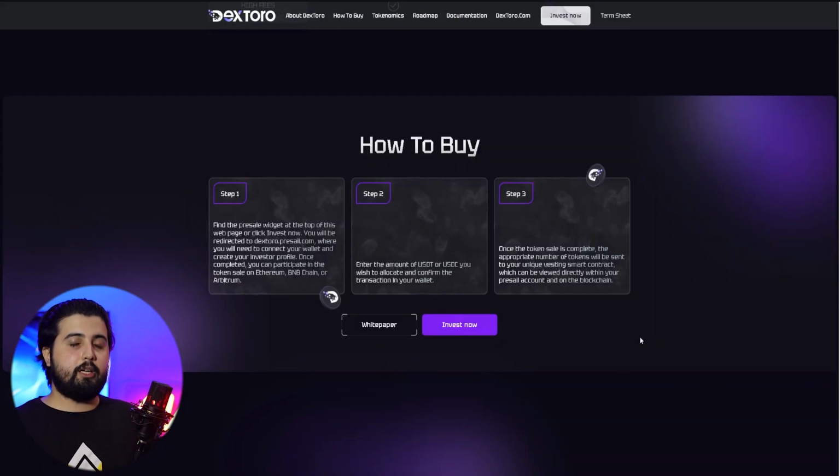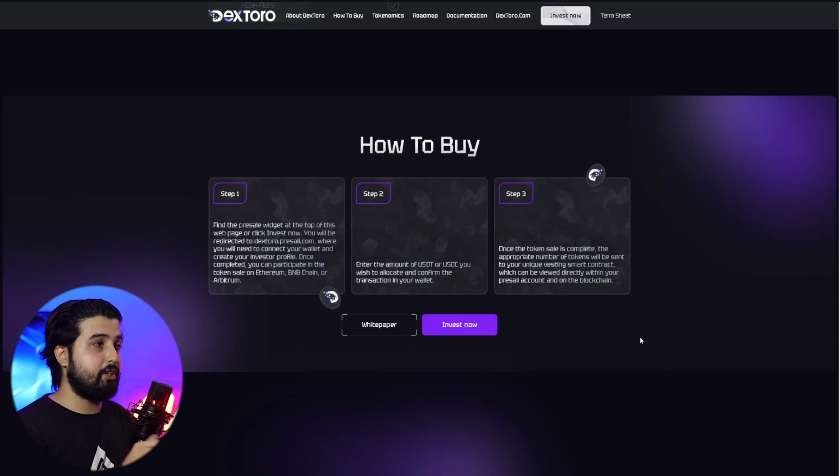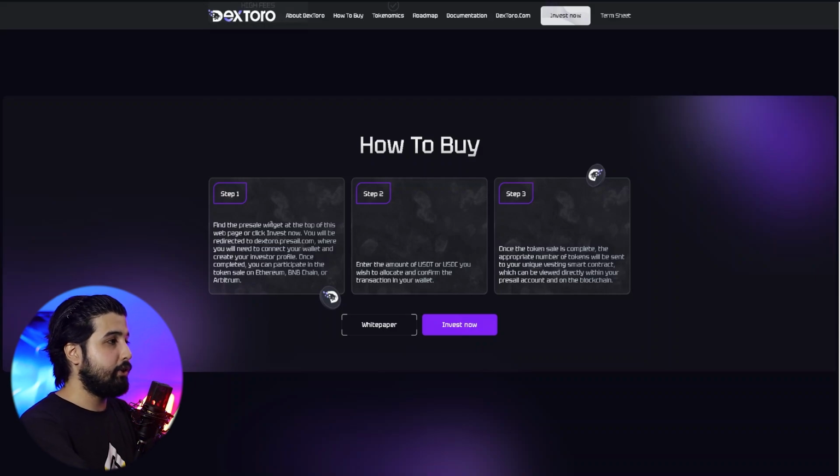Now this is how you can buy these tokens. Like I mentioned, we currently have the sale right now. So first you're going to go to the pre-sale, which link will be in the description. You'll click on the invest now button. It will direct you to the pre-sale page where you will connect your wallet and create your investor profile. Once that is completed, you're going to participate in the token sale on Ethereum, on BNB chain, or on Arbitrum.